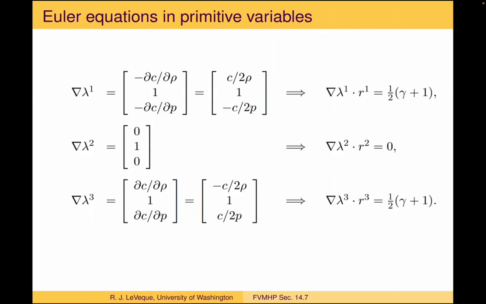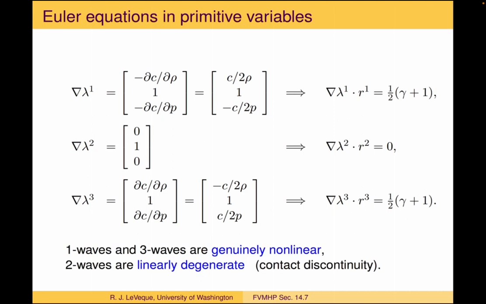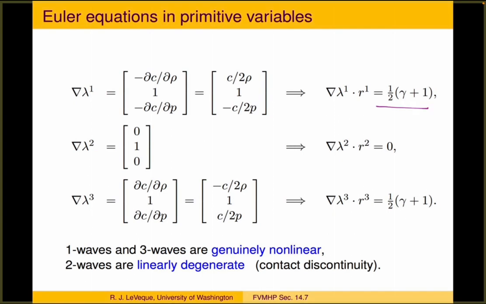And if we calculate the gradient of lambda inner product with the eigenvectors, which we looked at before for the shallow water equations to determine whether each field in that case was genuinely nonlinear, when we do it for the Euler equations, what we find is that the one waves and three waves are genuinely nonlinear, because this inner product of the gradient of lambda with r is a half (gamma plus 1) in both cases, and that's always non-zero.